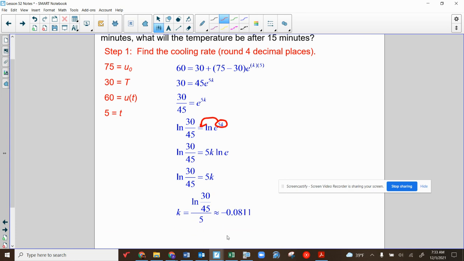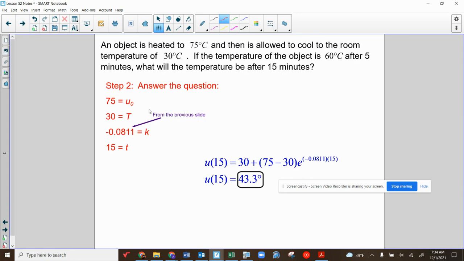Step 1, found the cooling rate, approximately negative 0.0811. Let's go 4 decimal places on that, because if you only go 2, sometimes even 3, the numbers can get pretty far off. So let's go 4 decimal places when we do that. Okay, so now I'm going to actually answer the question, what will the temperature be after 15 minutes? Well, now I don't need this part right here.